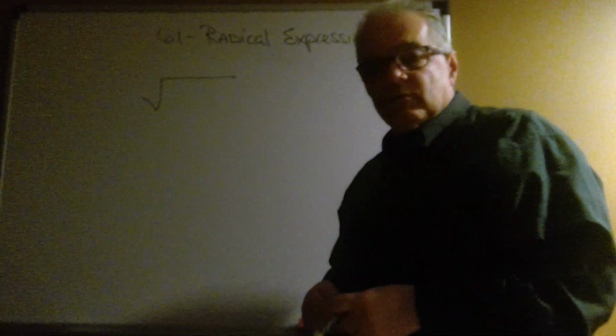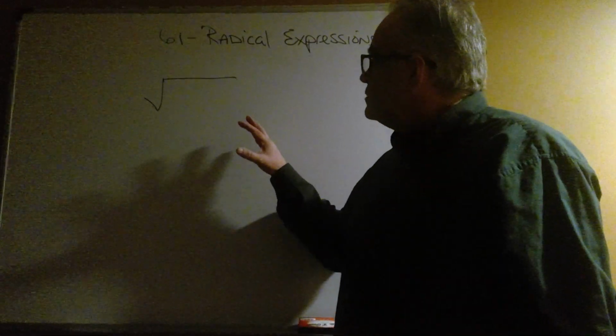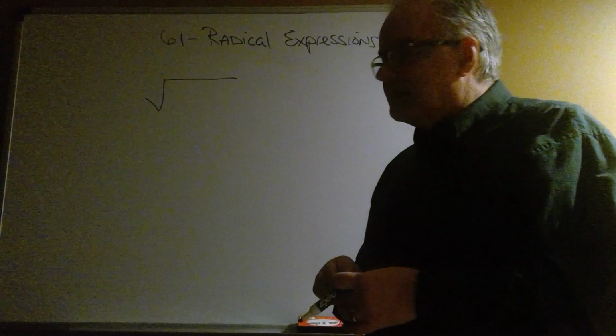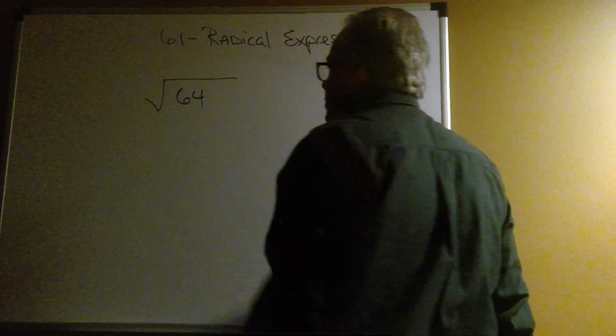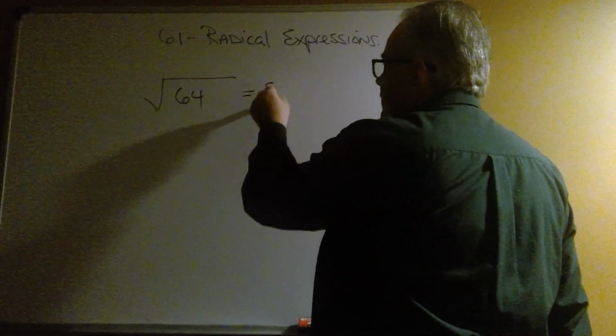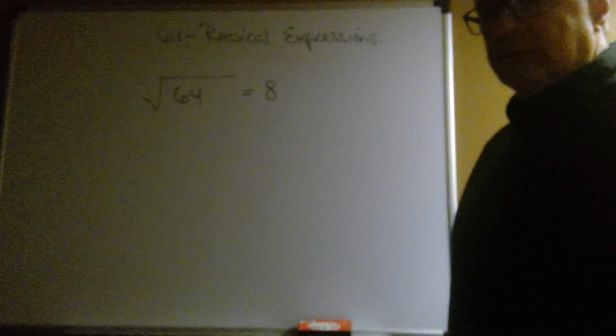We're used to doing square root problems, so we have square numbers that make it quite easy. If we had a bunch of square numbers, I could start off with something like the square root of 64. That is common, and we know that the answer is 8.